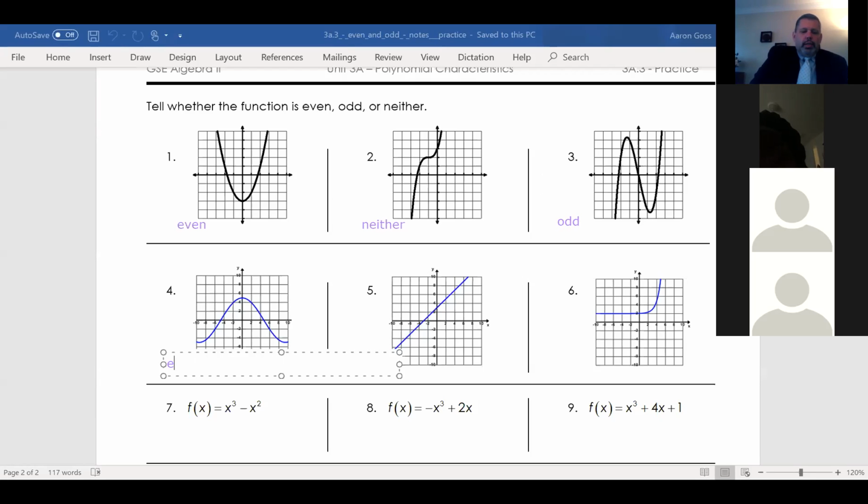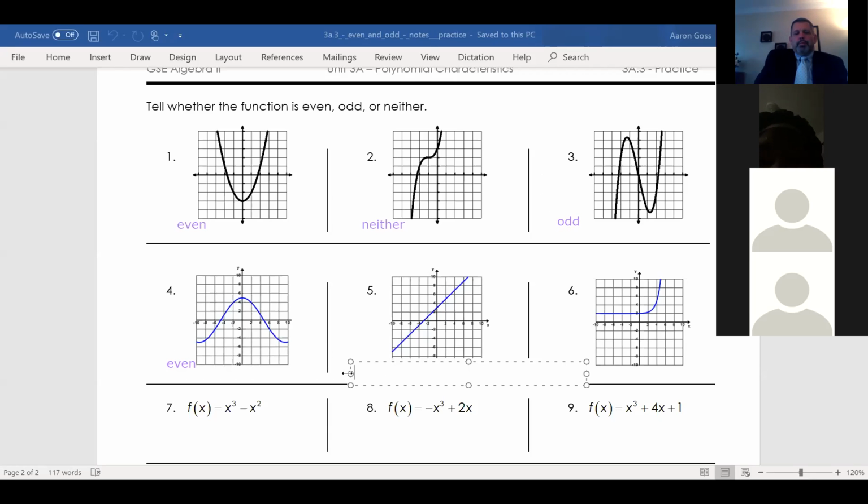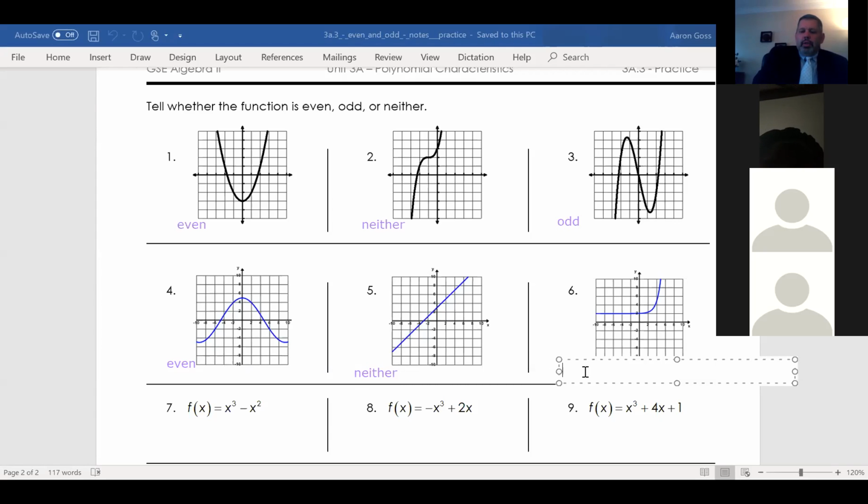Yes, number 4 is even, because if I folded it hot dog style, this piece would lay on top of that piece. That's neither. Very good. Because for it to be odd, it has to go through the origin, and it doesn't. This one is neither as well, because it doesn't go through the origin and it doesn't mirror itself.